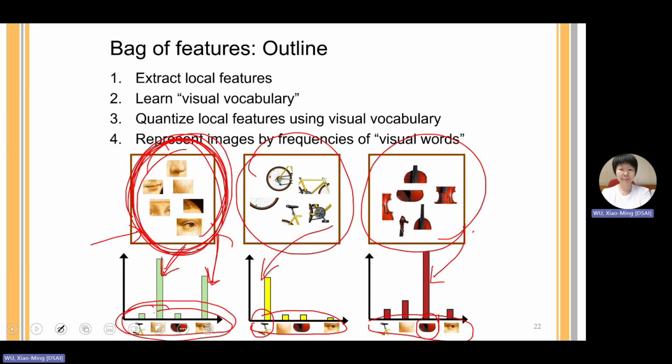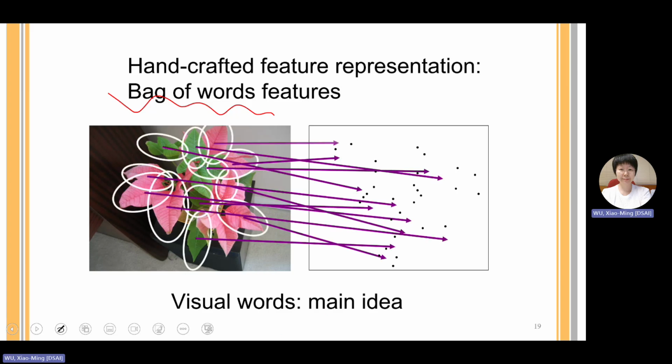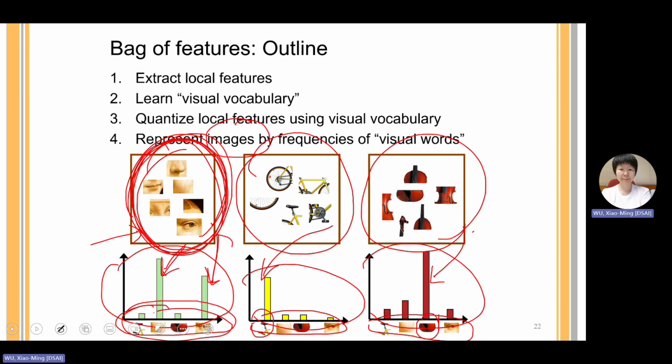And then we can represent images using a histogram. This is a histogram. So it's called bag of words features. First of all, we need to construct a visual vocabulary, where each visual word represents a significant feature from the data set.